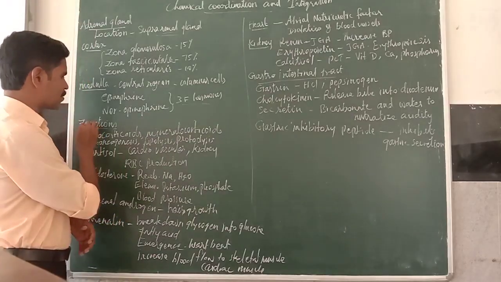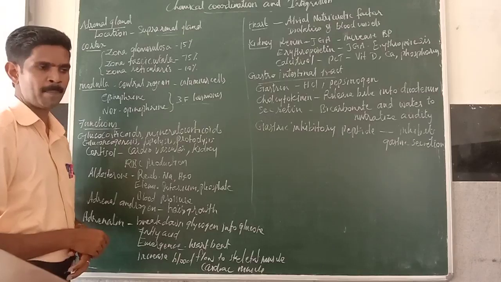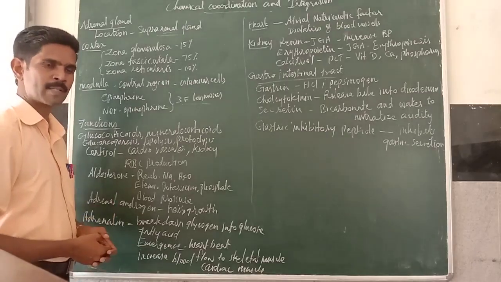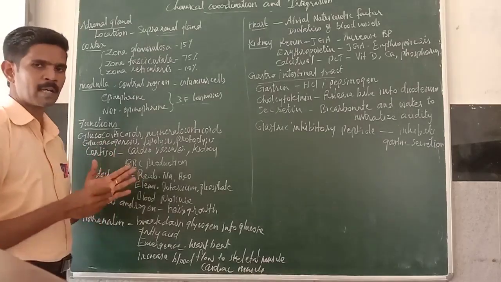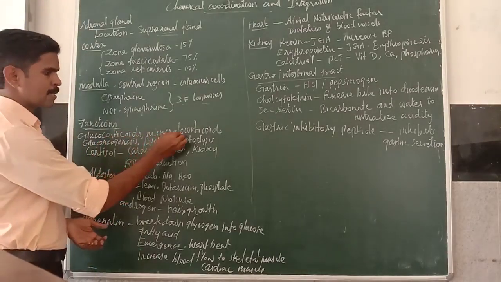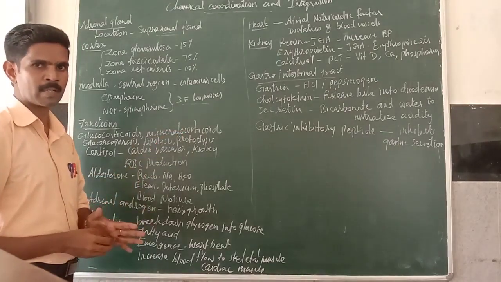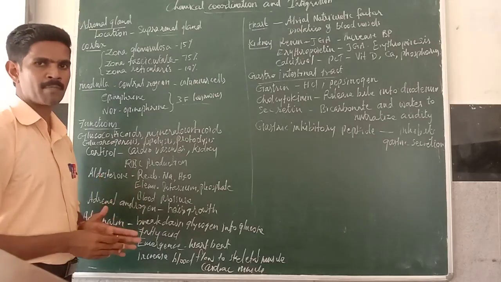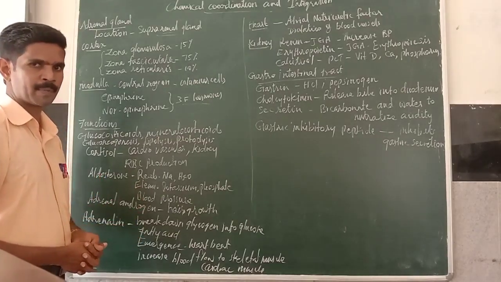Then the functions of various hormones secreted by this adrenal gland. There are different types of hormones secreted by this adrenal gland, and these hormones come under two important categories: glucocorticoids and mineralocorticoids. These are the two types of hormones secreted by the cortex region of the adrenal gland.